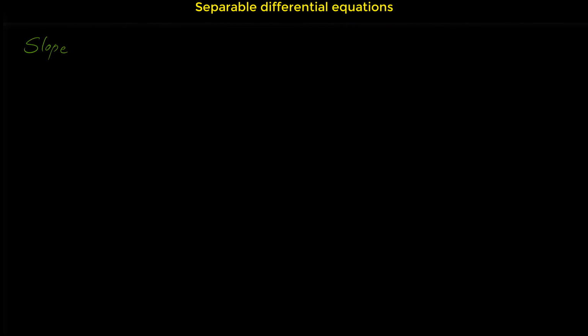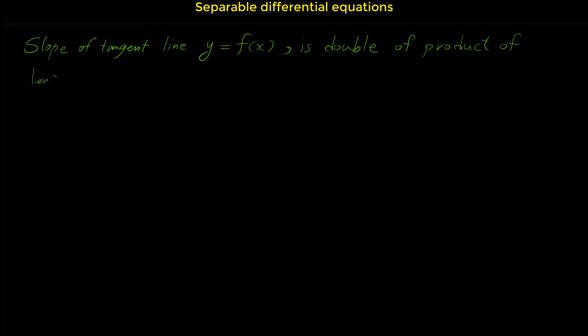The slope of the tangent line to the curve y equals f of x at every point is double the product of the length and the width of that point.